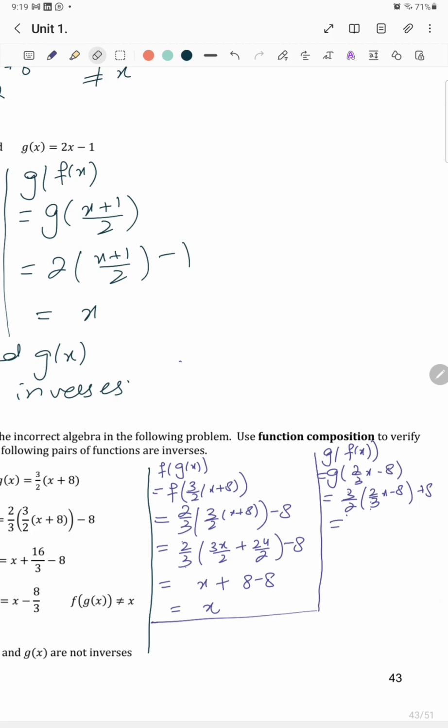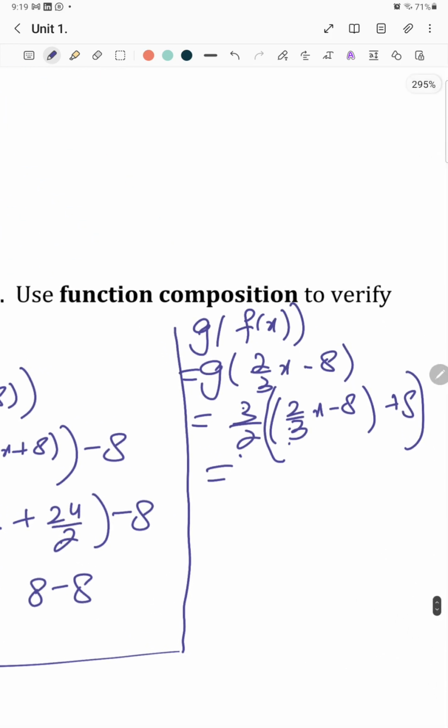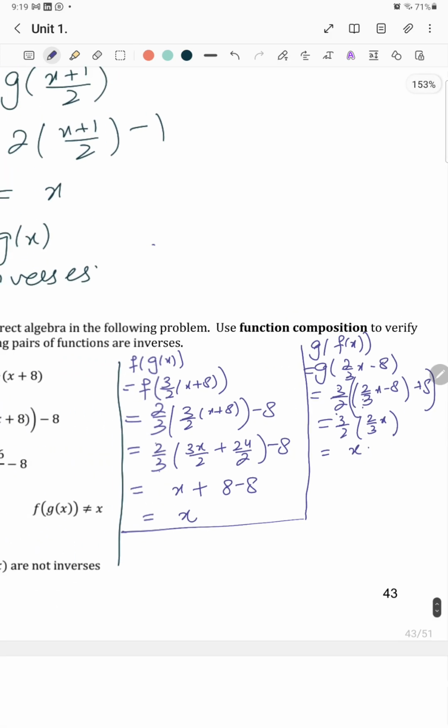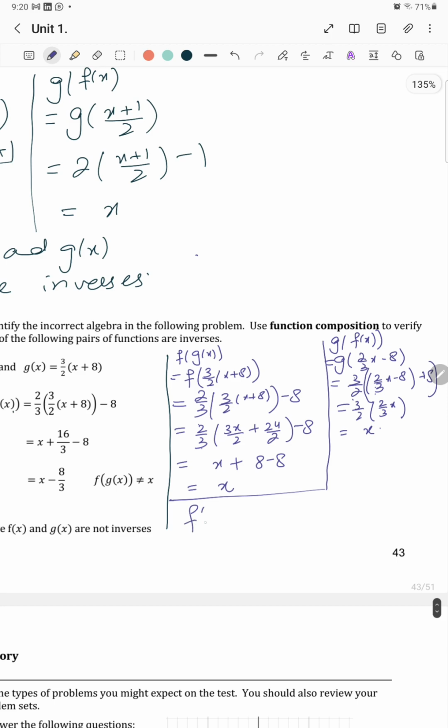So x plus 8 was a function to be performed first, because it is like this, x plus 8. So f g of x is equal to x, and g f of x is equal to x. So yes, inverses.